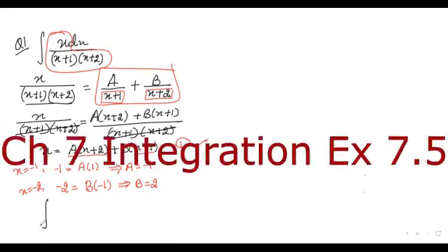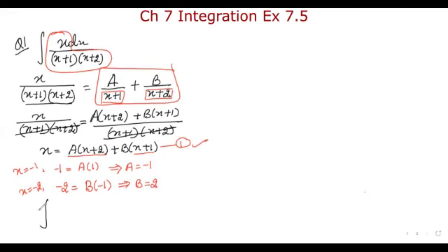Now let us convert the question. Minus integral dx divided by x plus 1 plus b is 2 integral dx divided by x plus 2. I have taken the constant outside, right? And here like this.